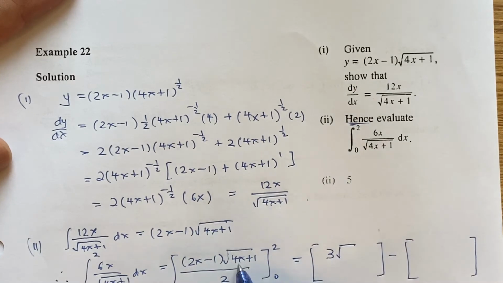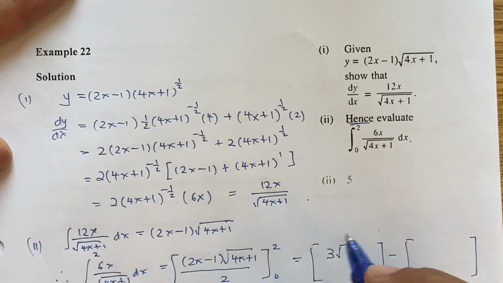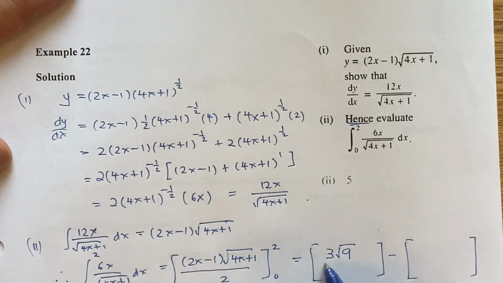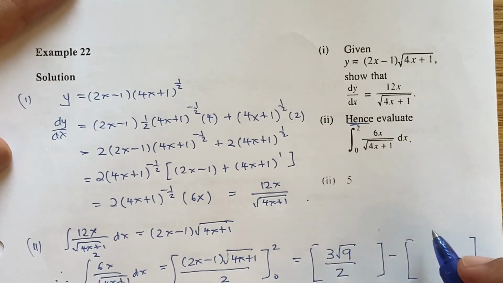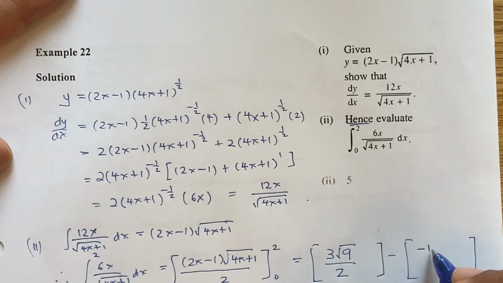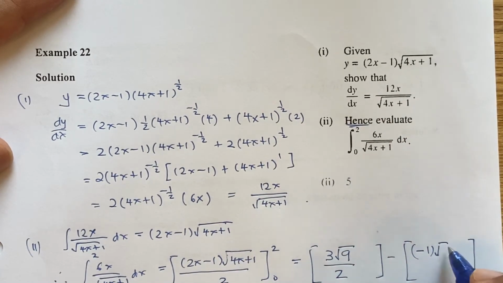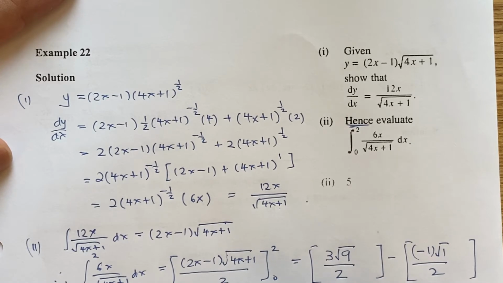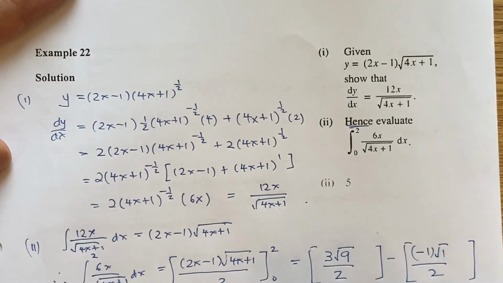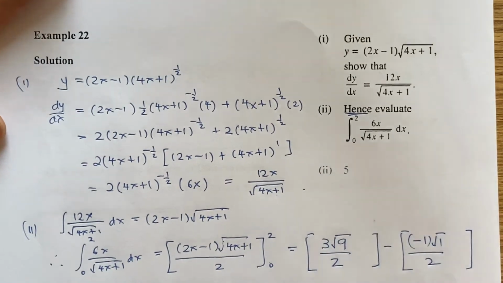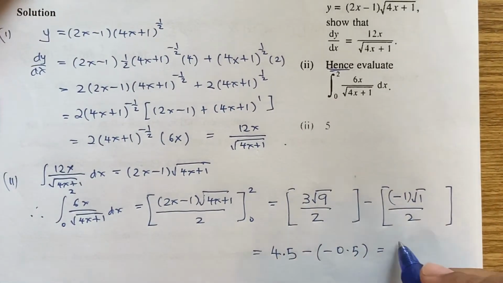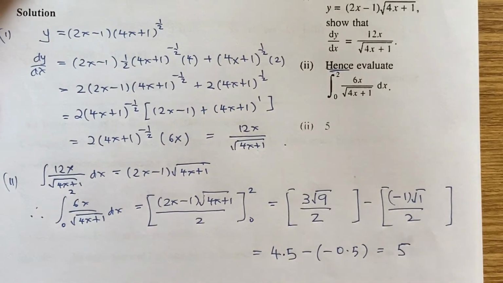Three times 3 is 9, and this is 4.5. At 0, we have minus 1 times square root 1, over 2, which is minus 0.5. So we are going to get 5. This is how we do it.